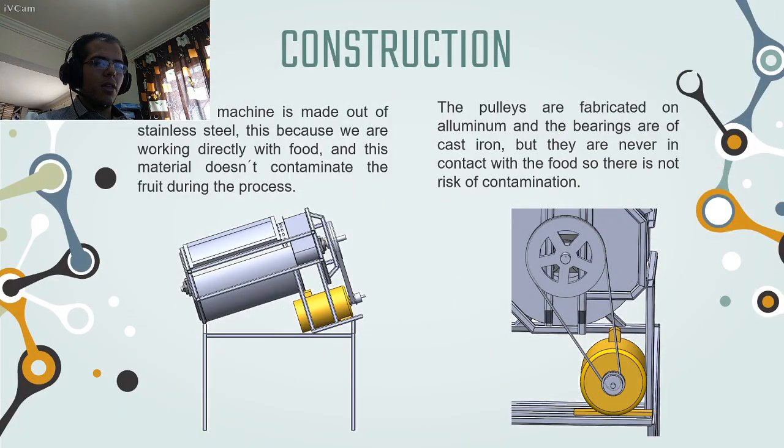And the construction is basically the entire body made out of stainless steel, because we don't want to contaminate the food as we are working directly with it. The pulleys are made out of aluminum and the bearings of cast iron, so there's no risk of contamination.